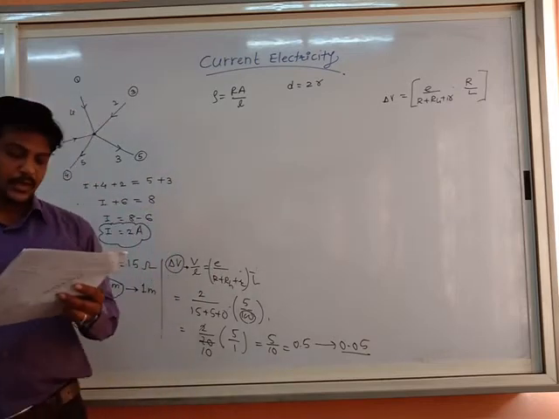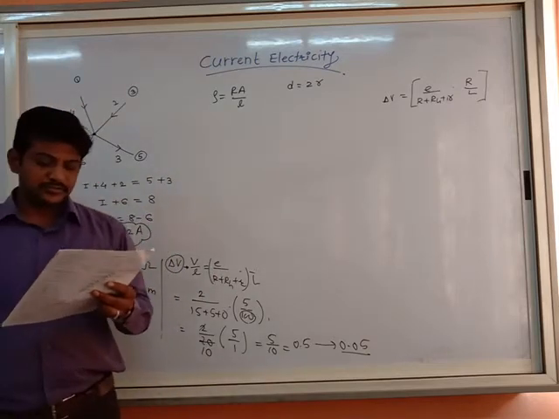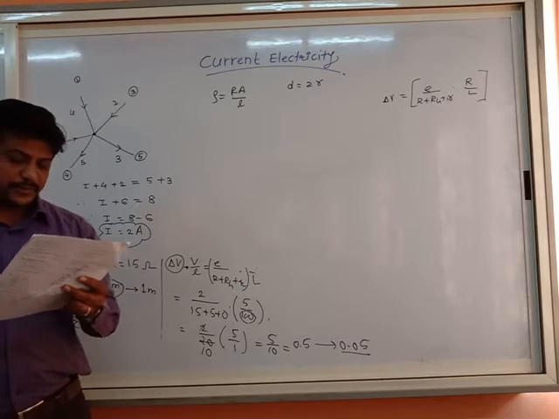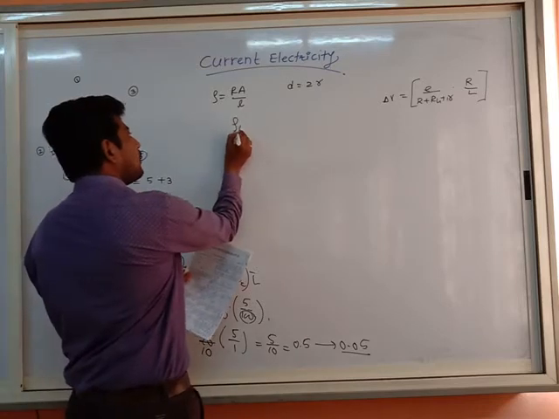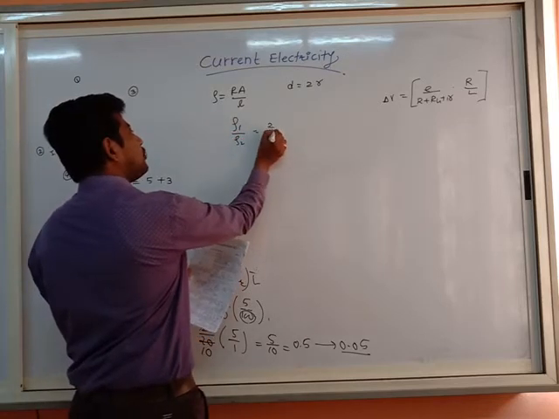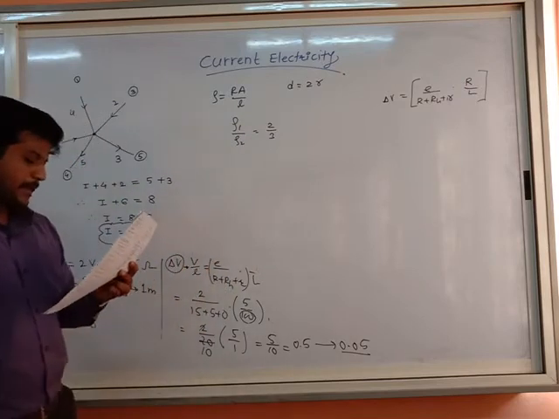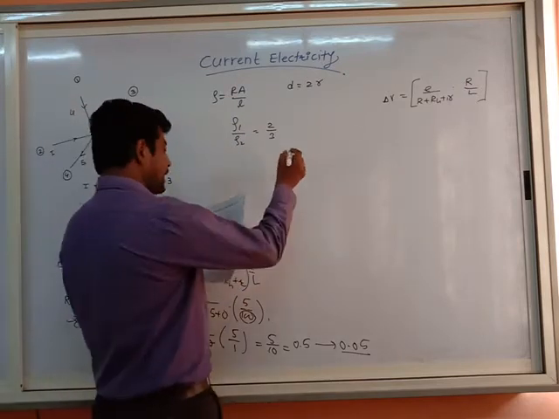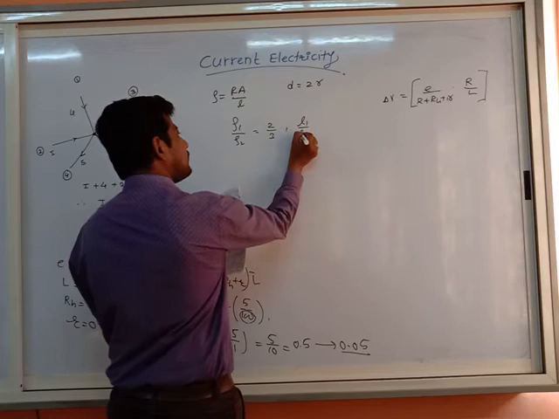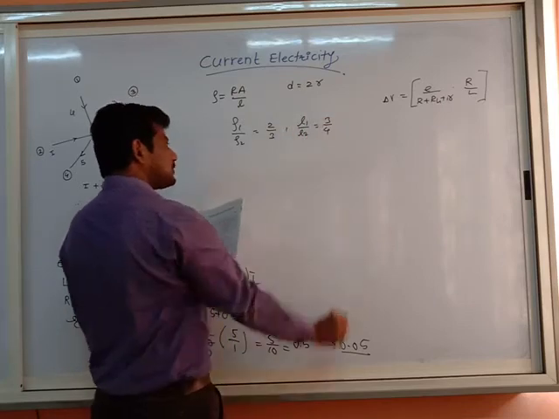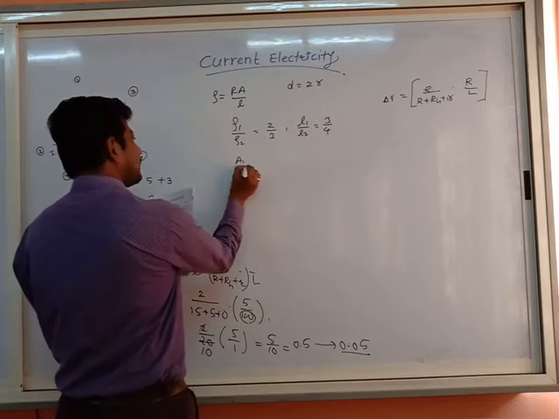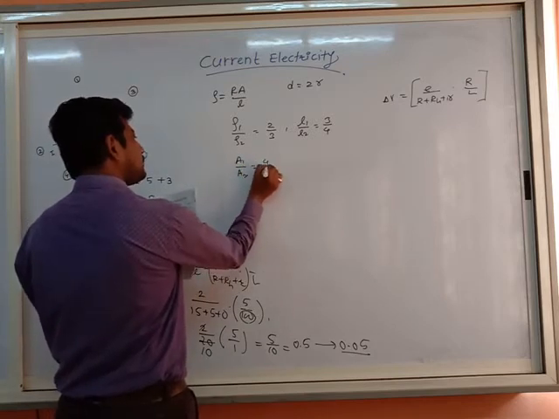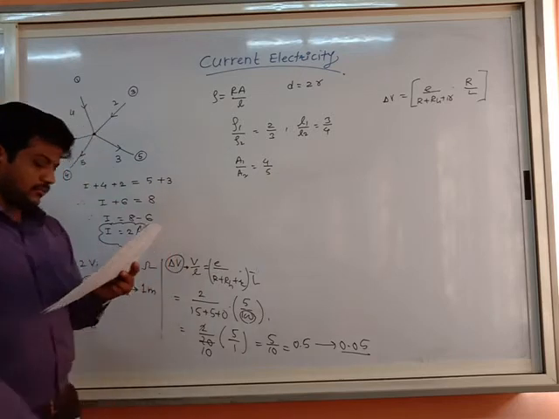Two wires made up of two different materials whose specific resistance are in the ratio 2:3. Specific resistance ρ1:ρ2 is 2:3, and length L1/L2 is 3:4, and area A1/A2 is 4:5.